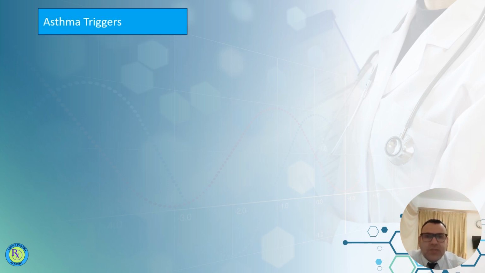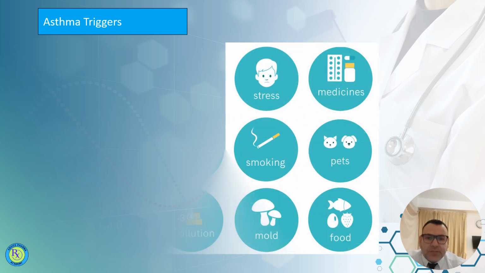What are the asthma triggers? So usually asthma is variable. That means that the patient may have symptoms for a specific time or a specific season of the year, but he can be okay at other times. So there are triggers which increase the incidence of asthma.